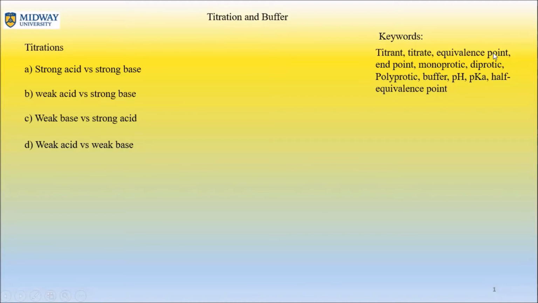Weak acid versus weak base, choice D, is very rare because there are no indicators available that make the endpoint or equivalence point more unique. So you would rarely encounter that titration in at least your general chemistry laboratories. The other three are very common, okay?